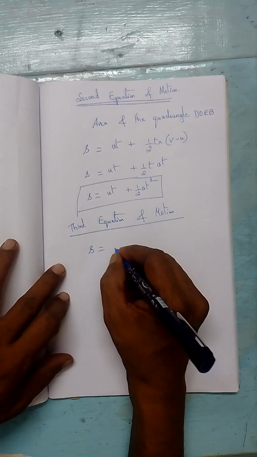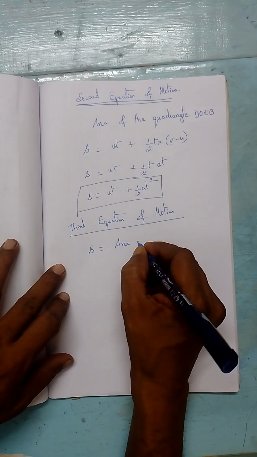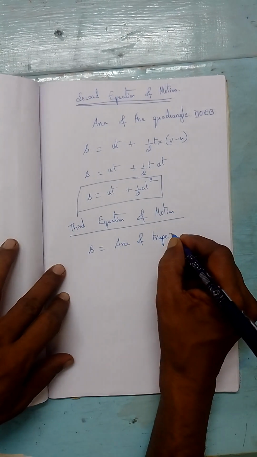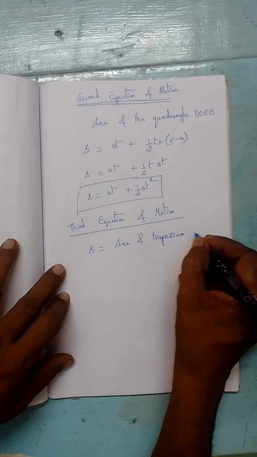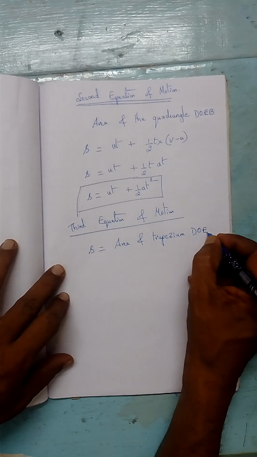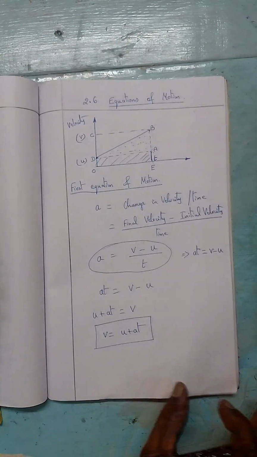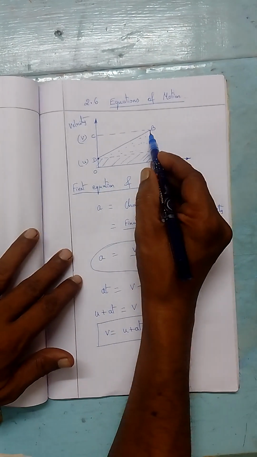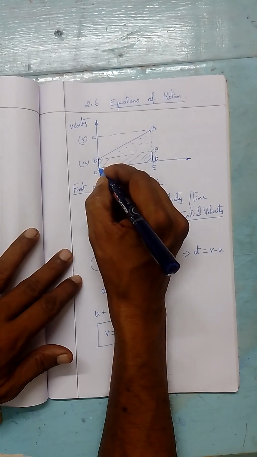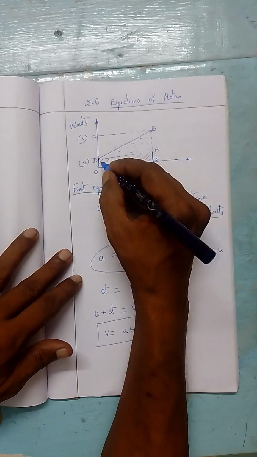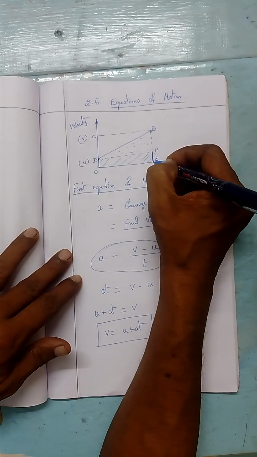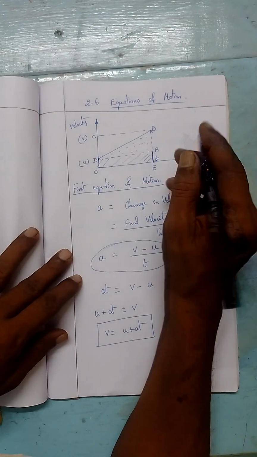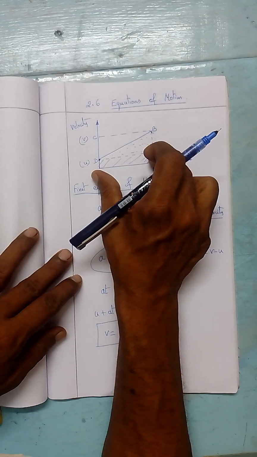S is equal to the area of the trapezium DOEB. Now if you see, these two sides, OD and EB, are parallel, whereas the other two sides are not parallel. Therefore we can call this a trapezium.